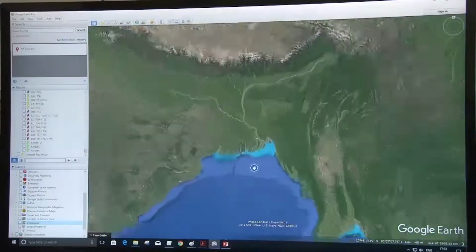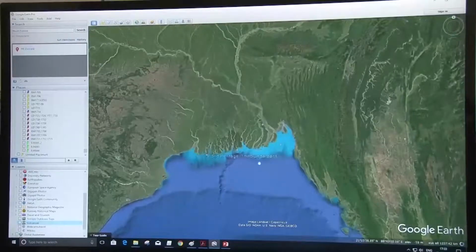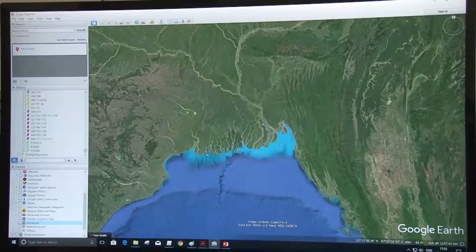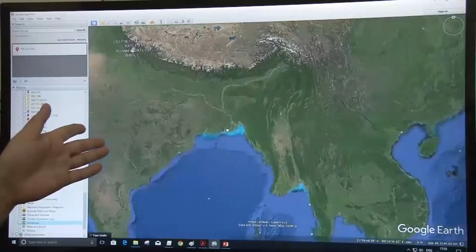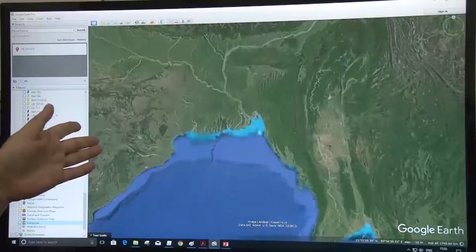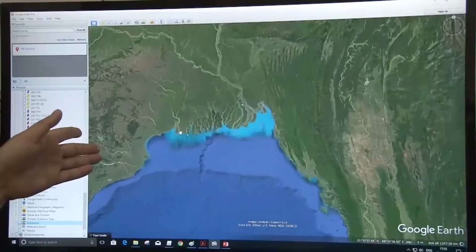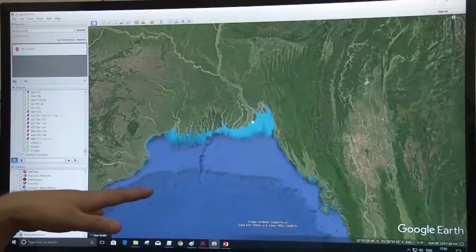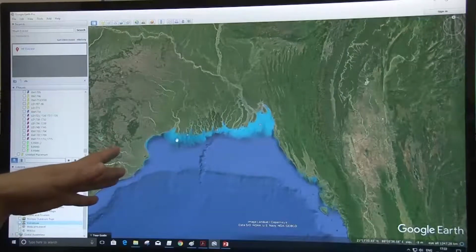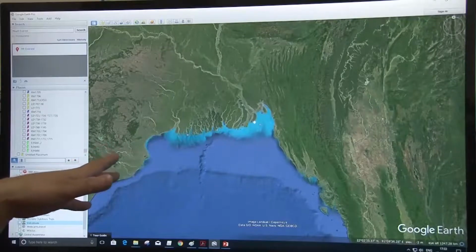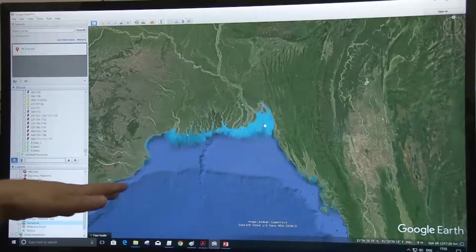So Bay of Bengal, all the rivers coming out from the northern, eastern and western part are debouching into the Bay of Bengal, and here you can see a very sky blue color which shows the fresh sedimentation.